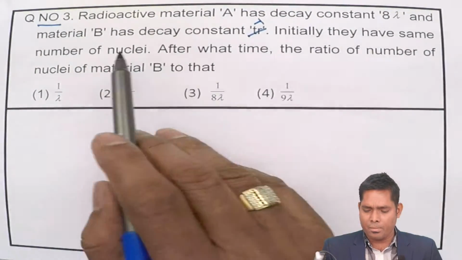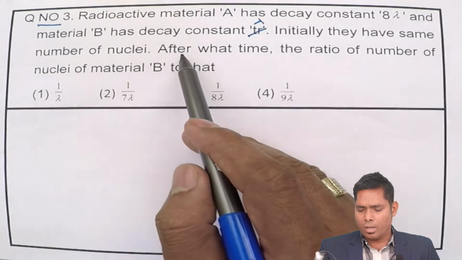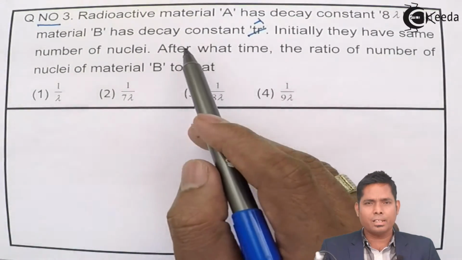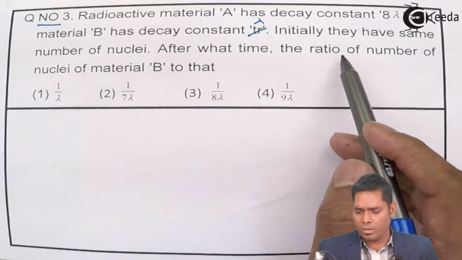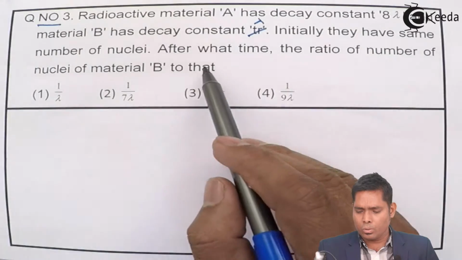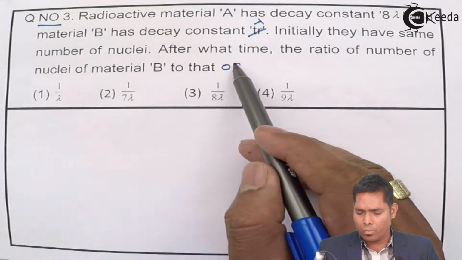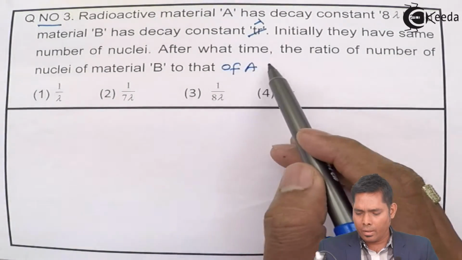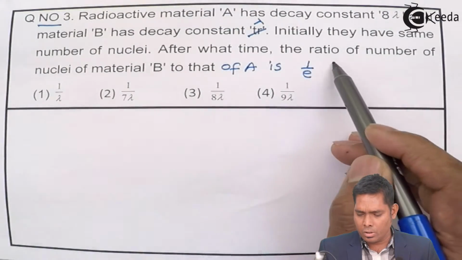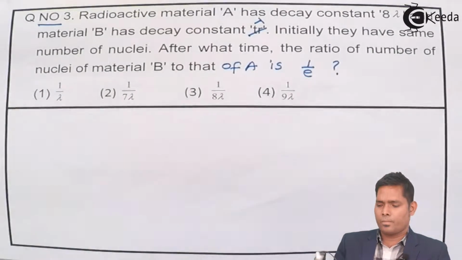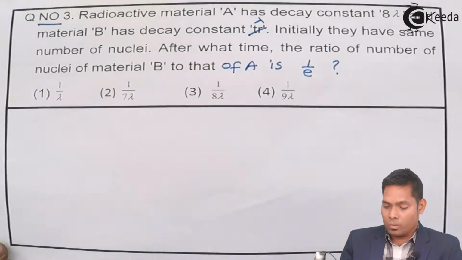Initially they have the same number of nuclei. After what time is the ratio of the number of nuclei of B to that of A equal to 1 over e? This is the question.